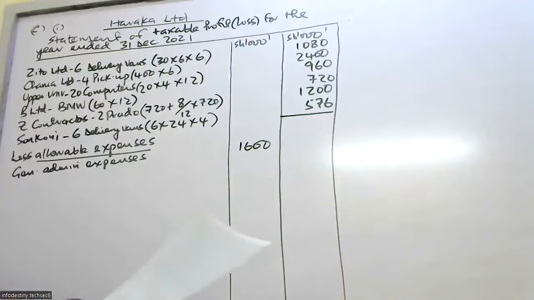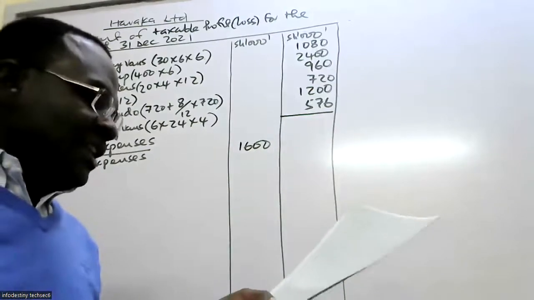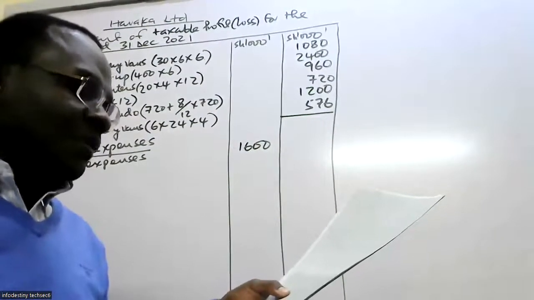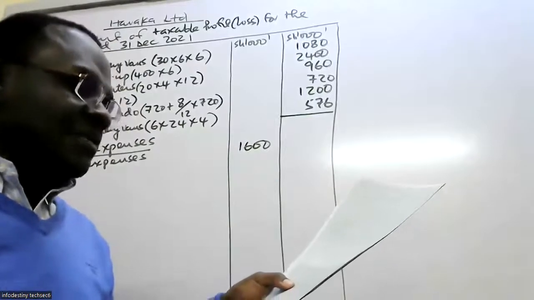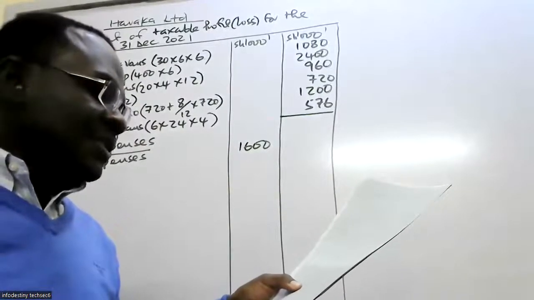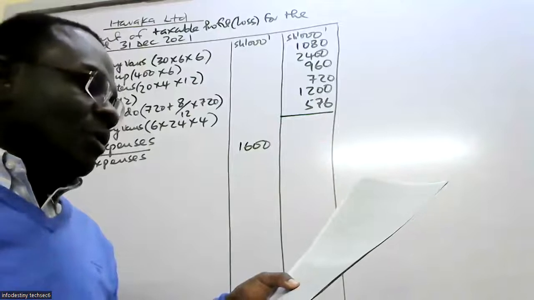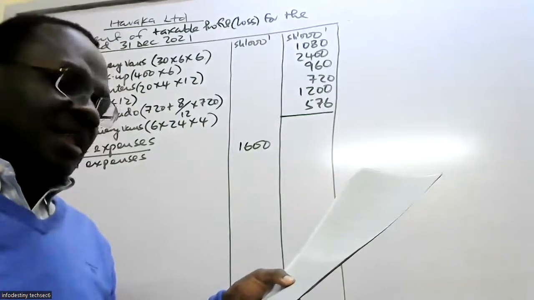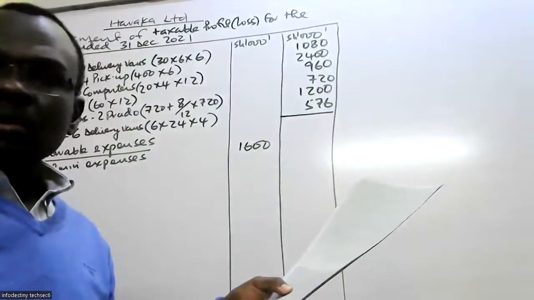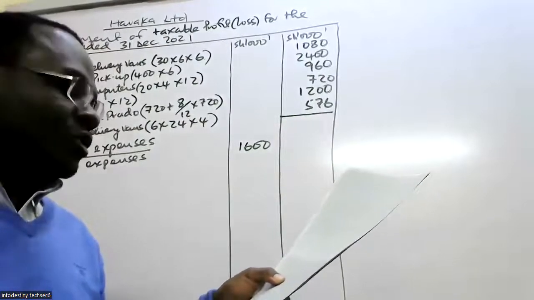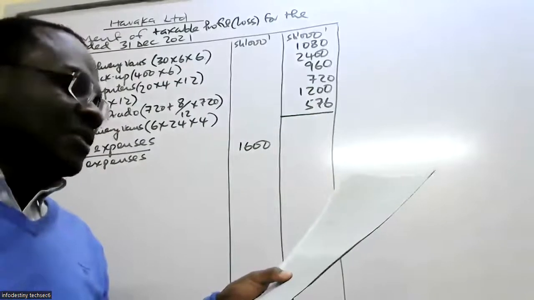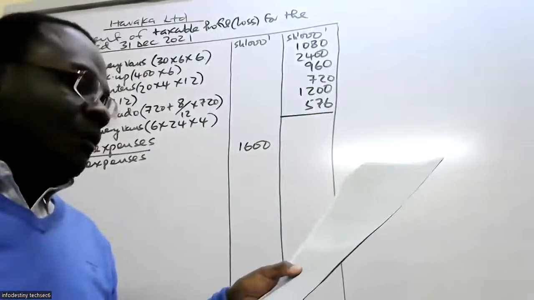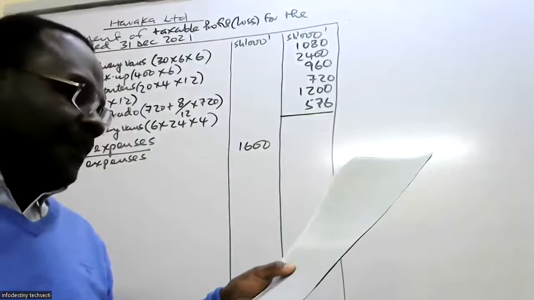Legal expenses, you're told, included 120 for defense against claims of breach of the lease contract. Claims of breach suggest that the matter is not yet determined, so they are not yet guilty of breach until the matter is fully determined.